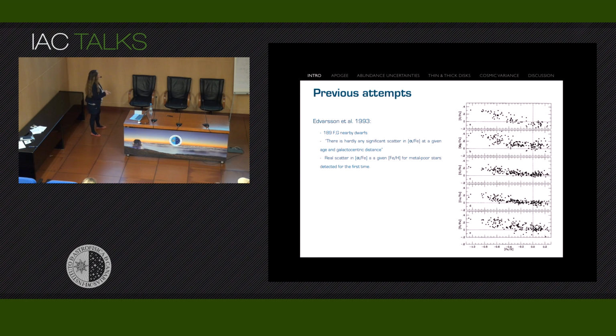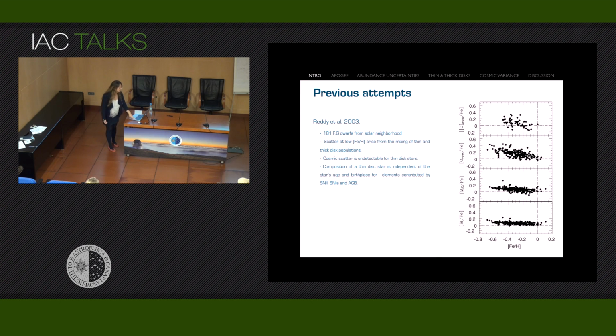But when you go down in metallicity, he found some scatter, which was much larger than if you go to higher metallicities. That's because by this time, they didn't know that the chemistry of the thin and the thick disk was different.